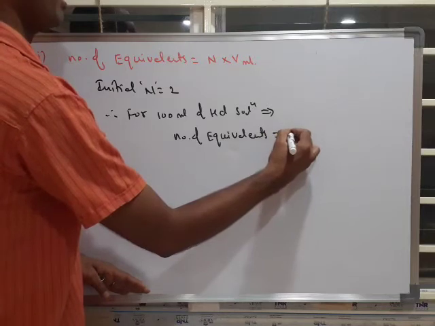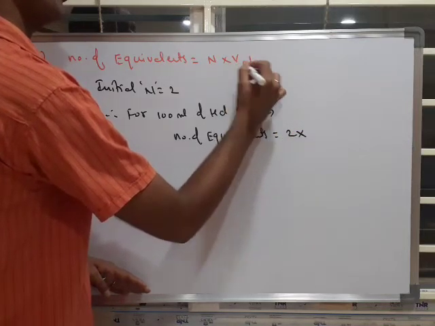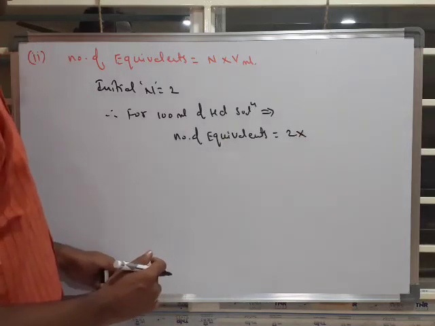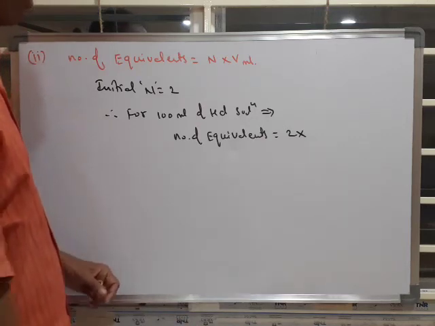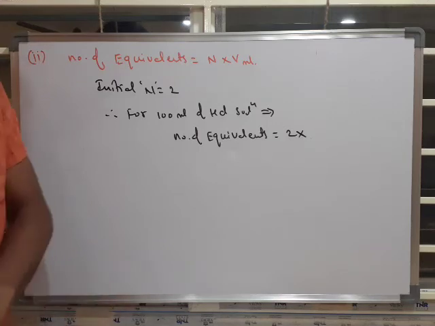the number of equivalents is simply normality into volume in milliliters. The normality is given, and the volume is 100 milliliter.